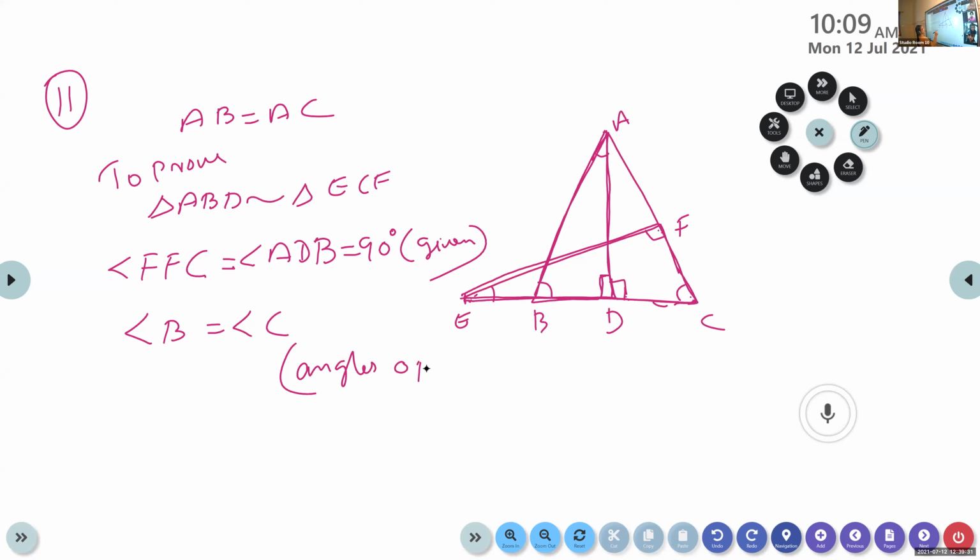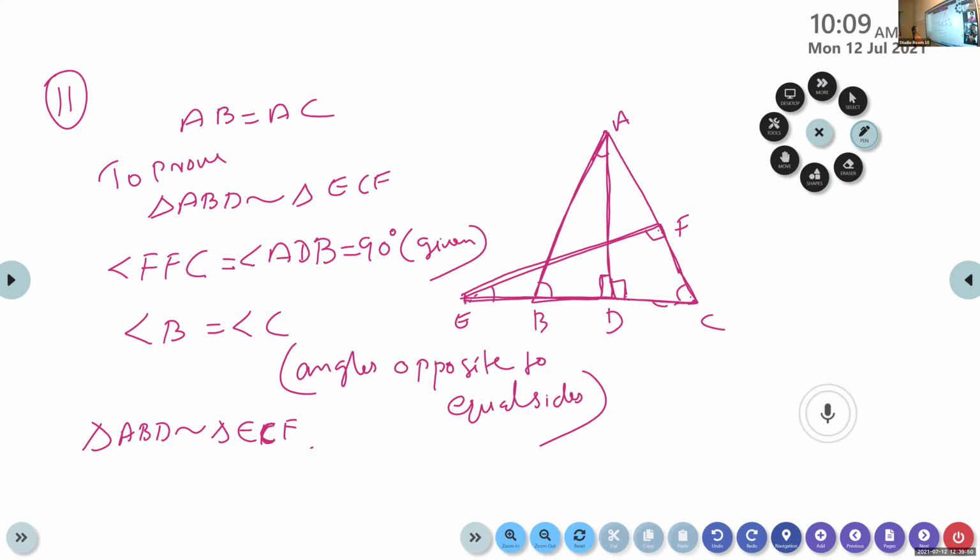So triangle ABD is similar to triangle ECF by AA similarity criteria.